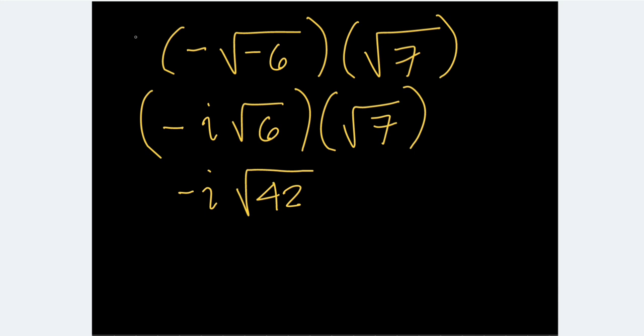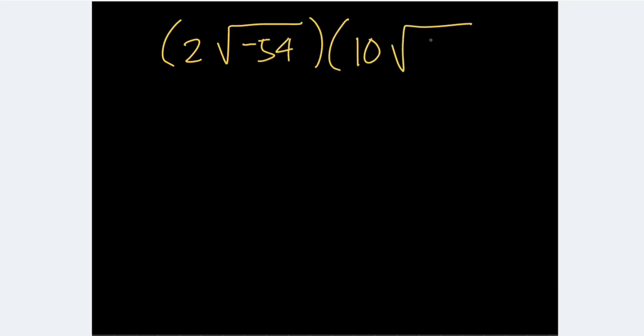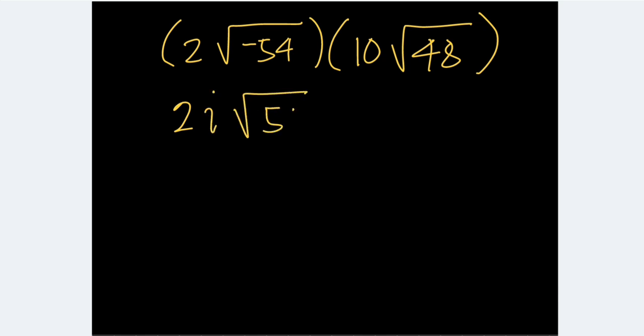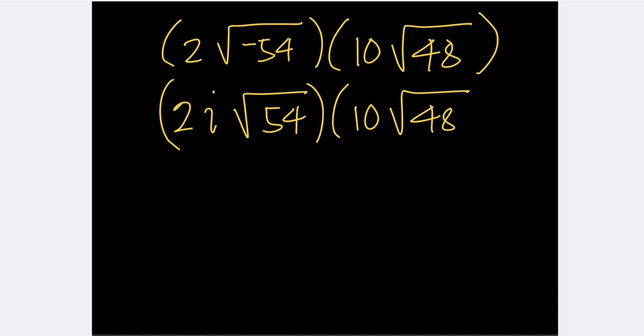All right. The next one was 2 square root of negative 54 times 10 square root of 48. So this one is 2i square root of 54 times 10 square root of 48.